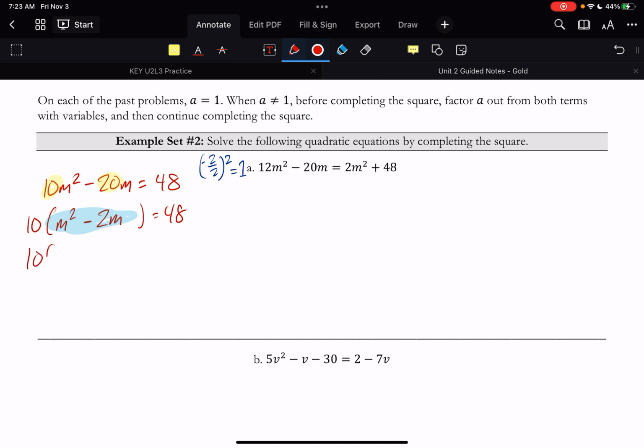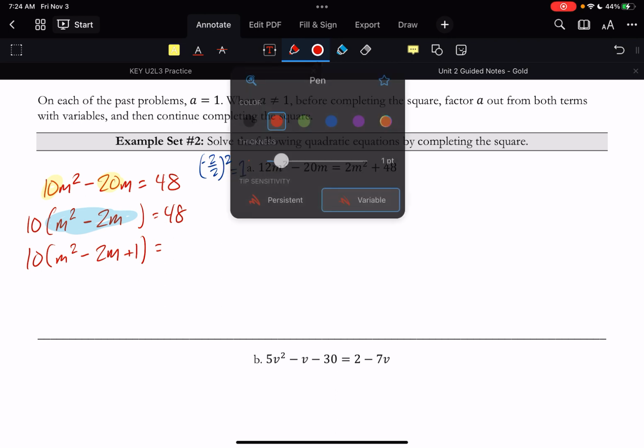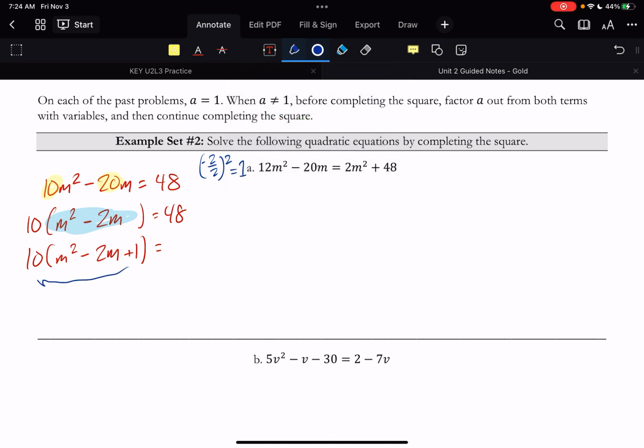So I'm going to keep this as 10 times (m squared minus 2m plus 1). Now, in your head, you're probably thinking, I need to add 1 to both sides. But in reality, I'm not actually adding 1 to both sides because remember, I factored this 10 out. So I'm really adding 1 times 10, which is 10, to both sides. So I'm going to add 10 to the other side.